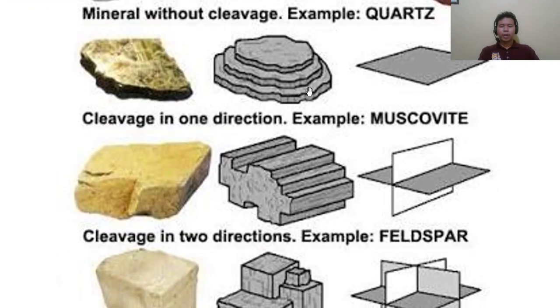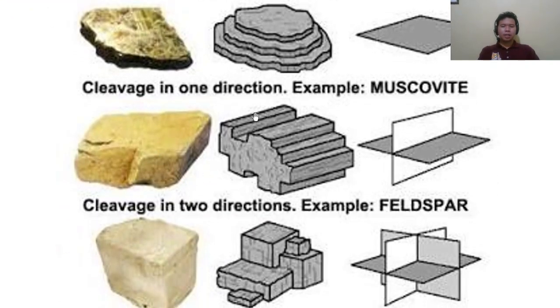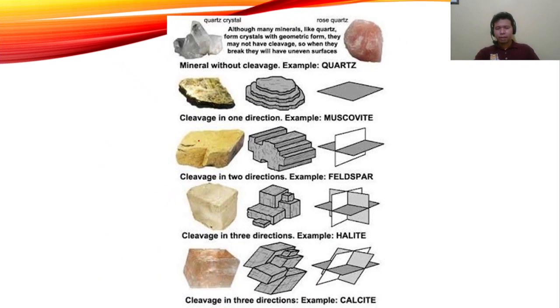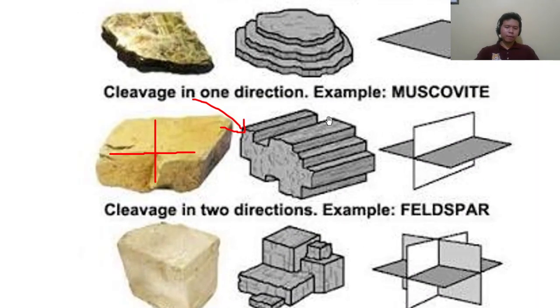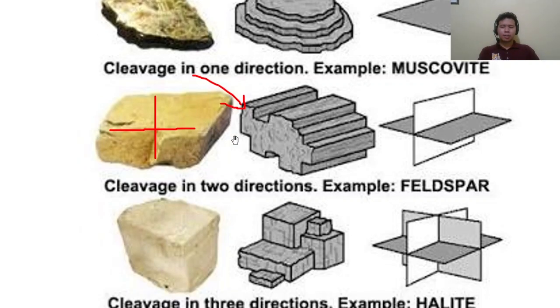Next we have cleavage in two directions. If we break down a feldspar, it follows a specific pattern, such as this one. It breaks into two directions, so its cleavage is two directional.